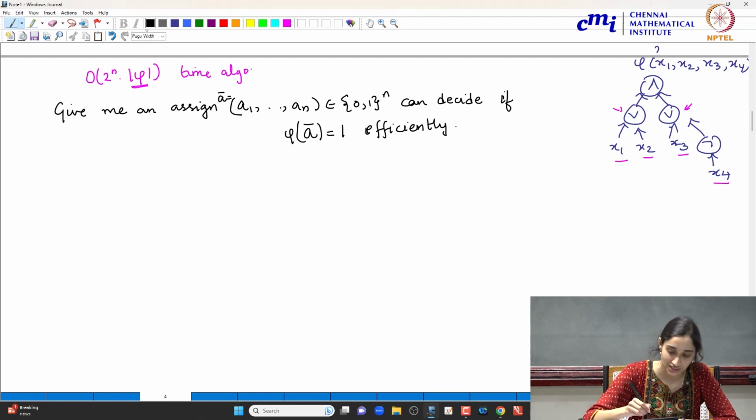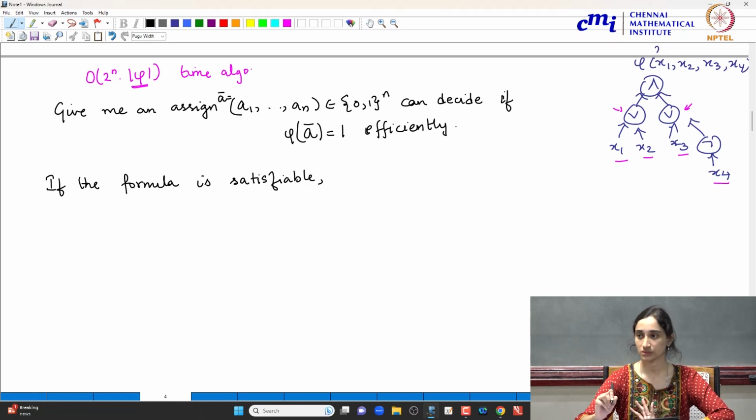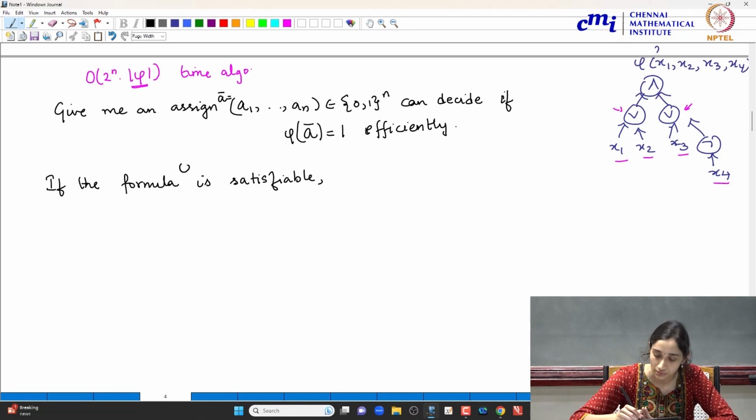So what is it that this problem has? If the formula is satisfiable, I know that there is one satisfying assignment. And if you give me that assignment, I can verify quickly whether it's correct or not.